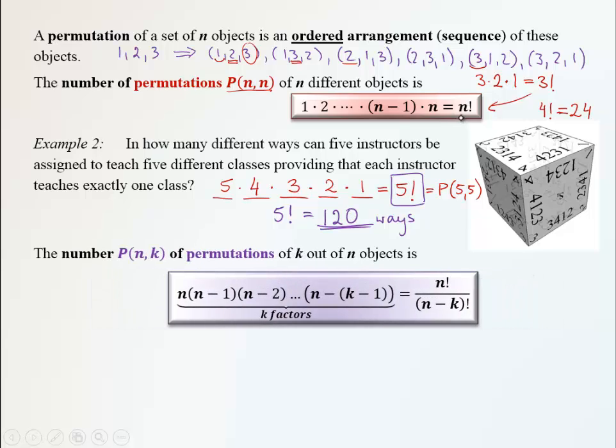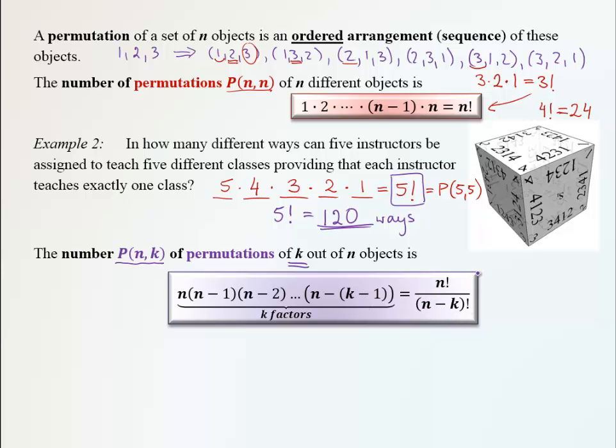Okay, so if we have n objects and we take permutations of all n objects, the number of such permutations will be n factorial. However, if we have n objects but we're taking only k out of them at a time and permuting them, such number of permutations will be denoted P(n,k), and the formula for the number of those permutations will be n factorial divided by (n minus k) factorial.